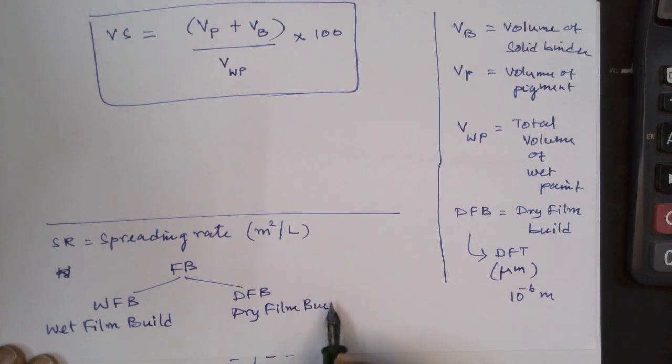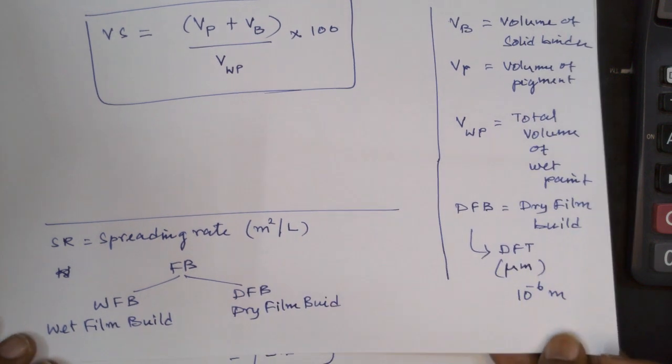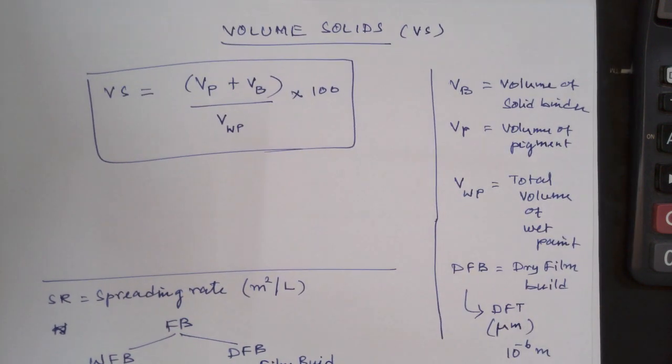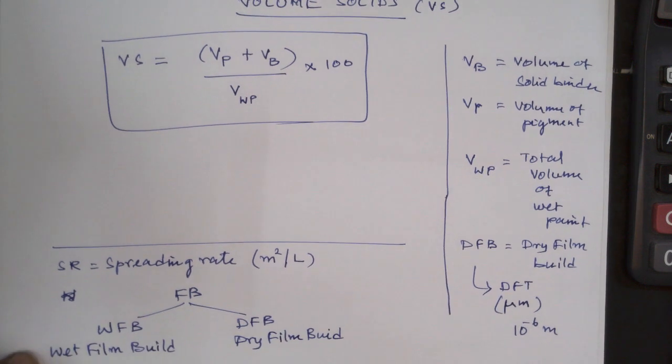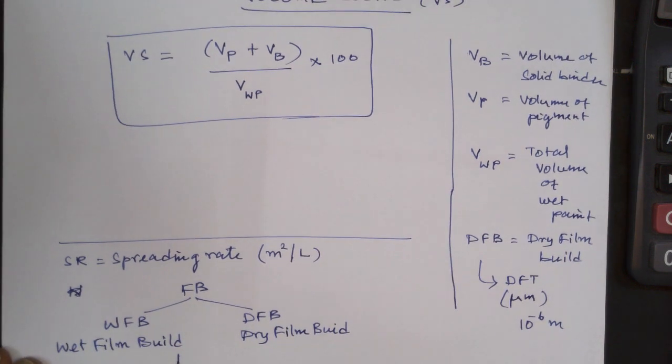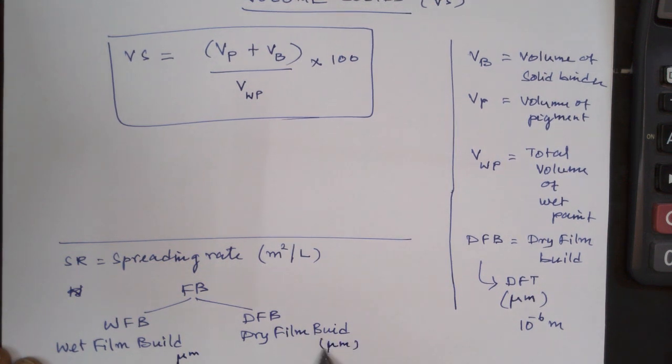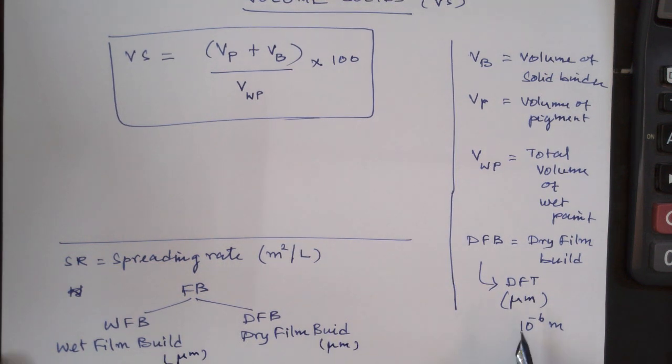We have sophisticated tools to measure both wet film build and dry film build. Both are given in terms of microns only. This is micrometer, that is 10 power minus 6 meter.